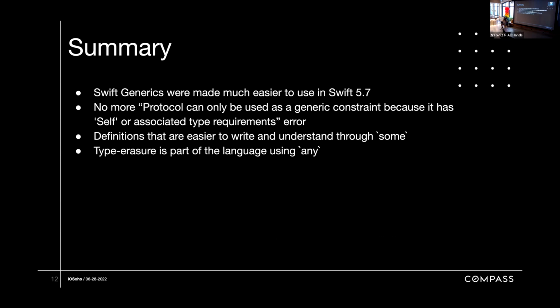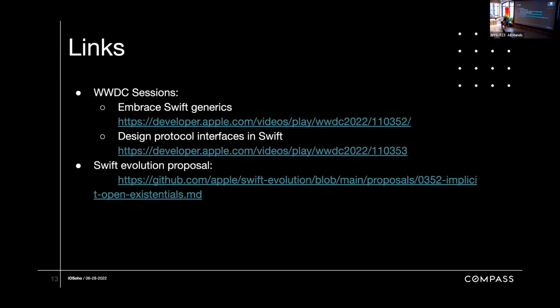So to summarize, Swift generics were made much easier to use in Swift 5.7. No more of this error that was plaguing us in the past. Easier to write methods, and a more concise way to write methods through the some keyword, and type erasure being part of the language through the any keyword.